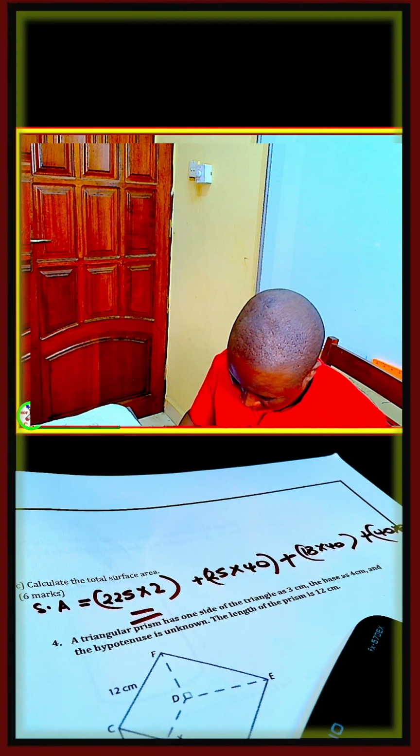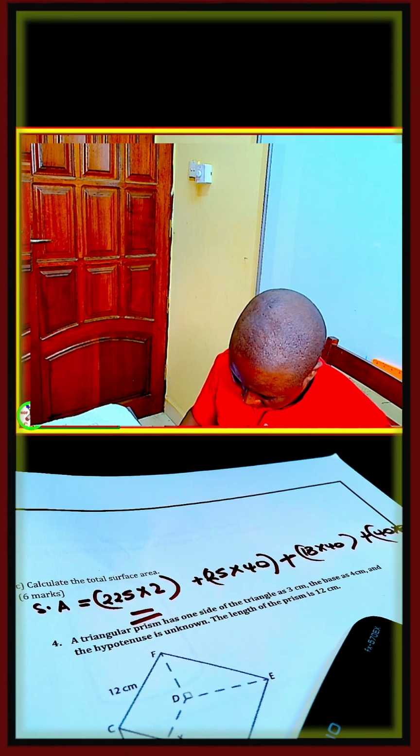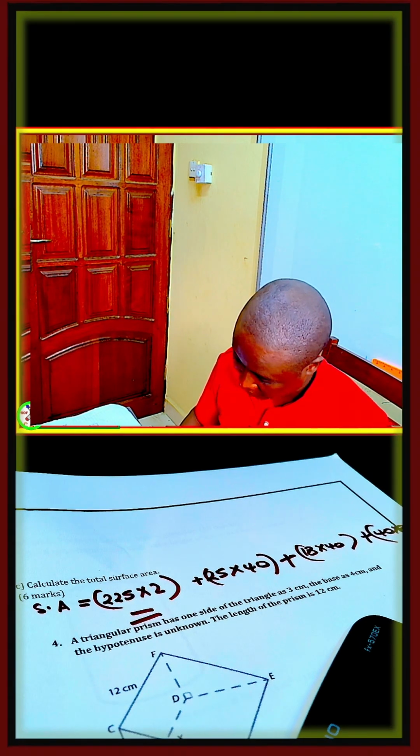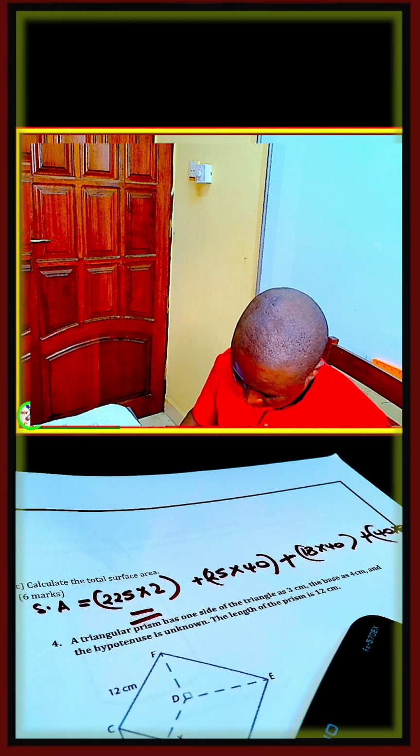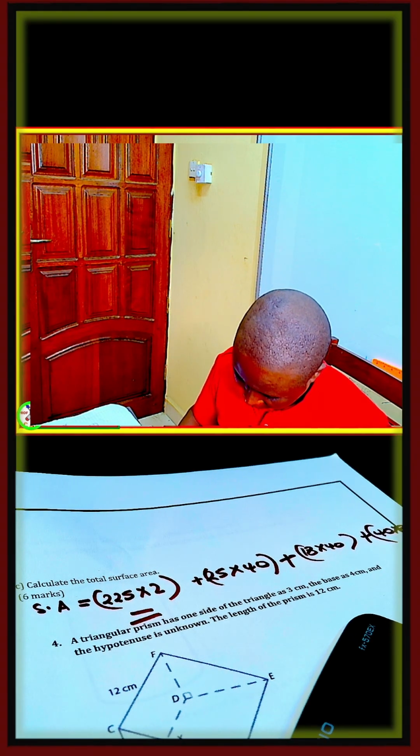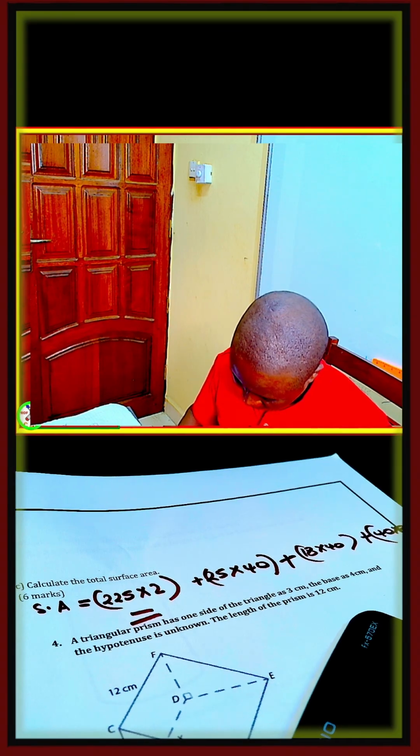22.5 times 2 plus 25 times 40 plus 18 times 40, and then plus 40 times 30.8.